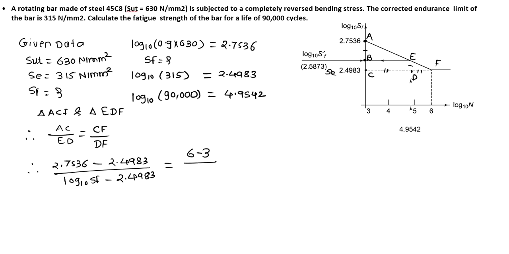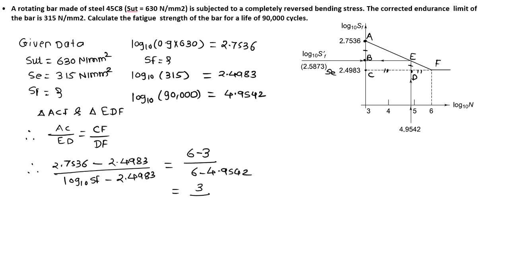DF is 6 minus 4.9542. After calculation you get 3 divided by 6 minus 4.9542.